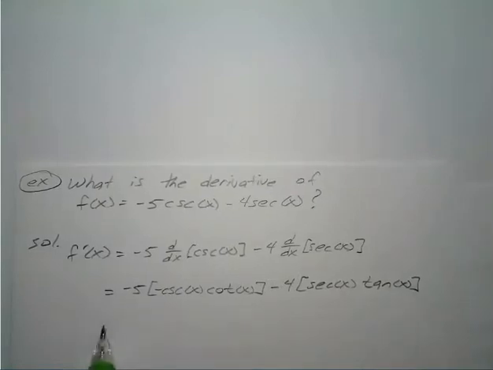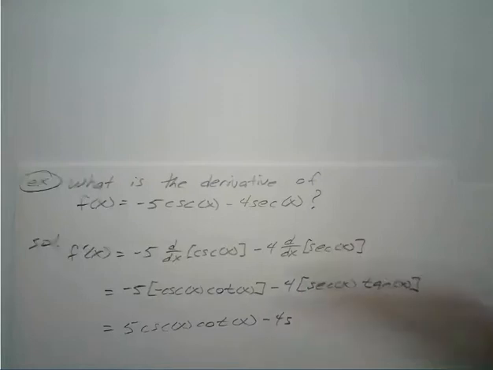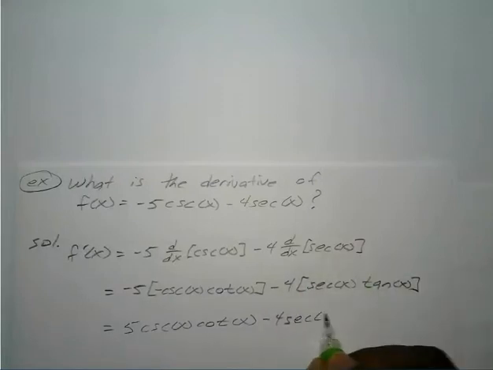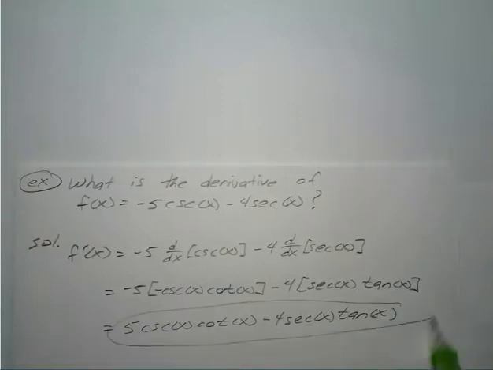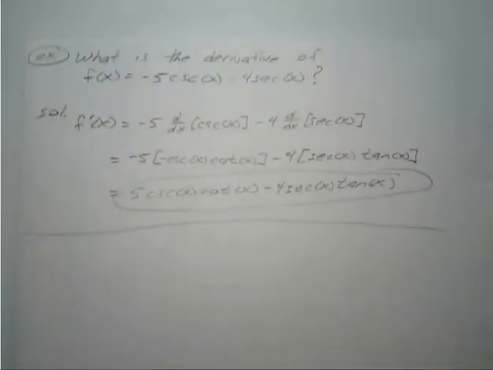Okay, so that means for your derivative, you have negative 5 times a negative, which is positive, so that gives you 5 cosecant cotangent minus 4 secant times tangent.